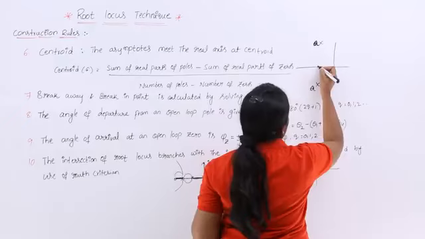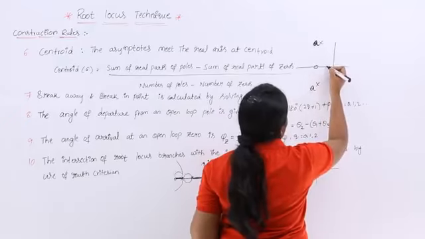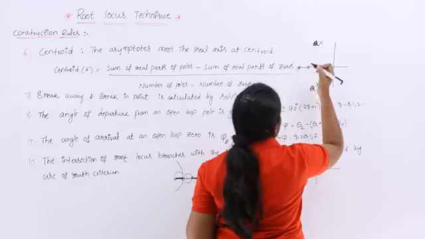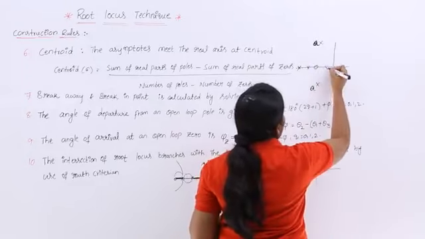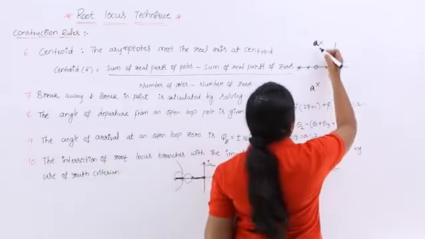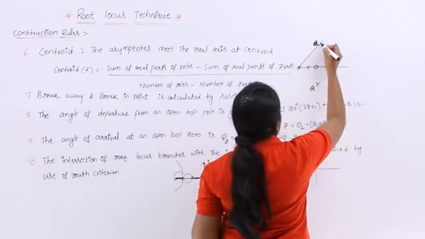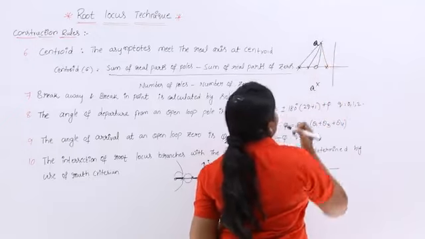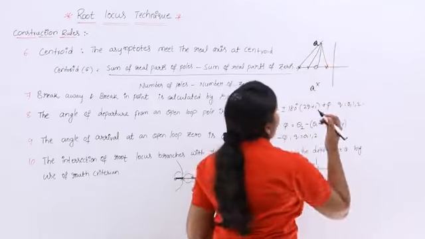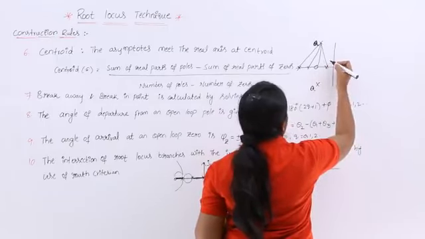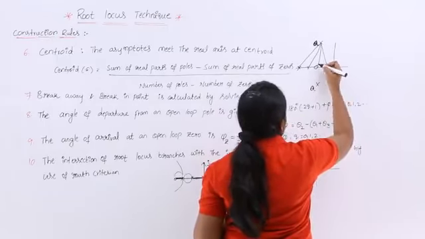For example, if you have a zero like this, and a pole like this and like this, and another pole like this, you will take lines like this, and this can be calculated like this.